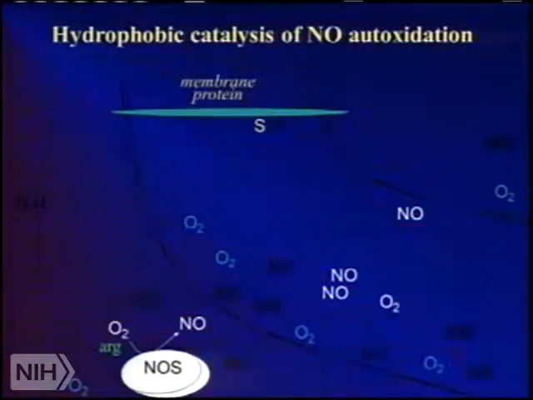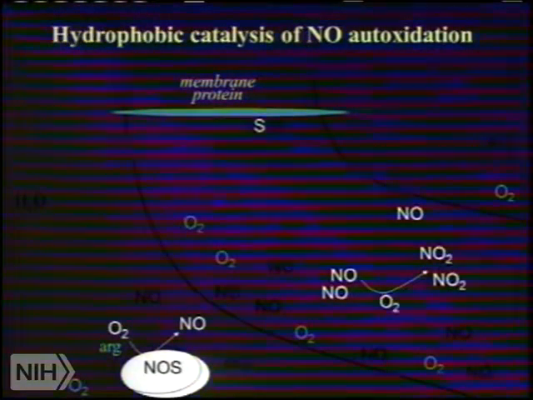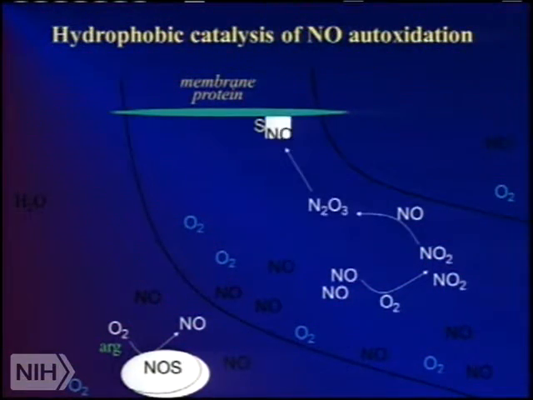And then the nitric oxide can go through the plasma membrane into the cell and do further reactions, generating nitrogen dioxide. And then we have the dinitrogen trioxide. And then we can nitrosylate various proteins.